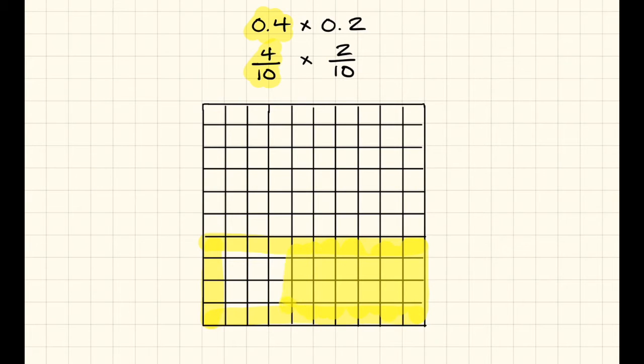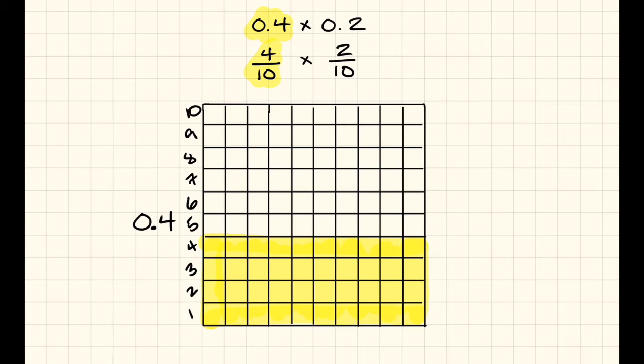There we go. So this represents 4/10. I want to label this side 4/10, and this shows me that 4 of the 10 rows are colored. Therefore, 4 of 10, or 4/10, are shaded.